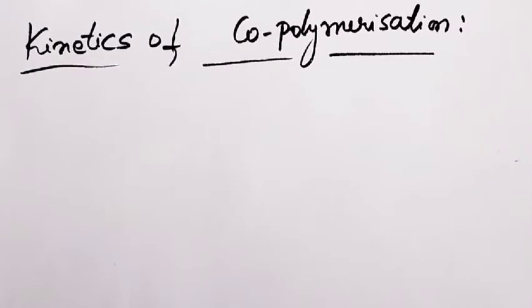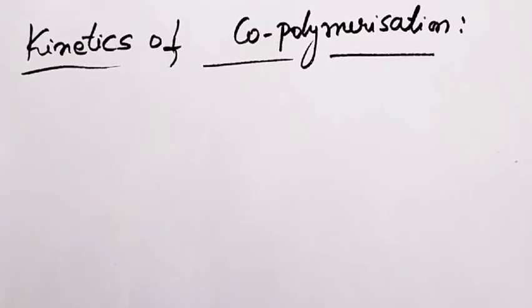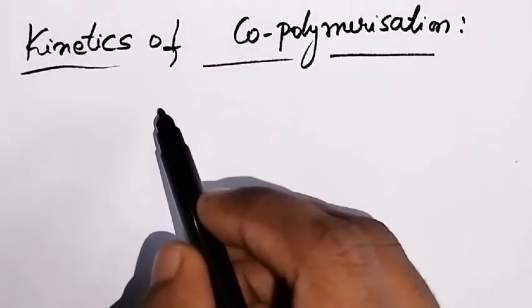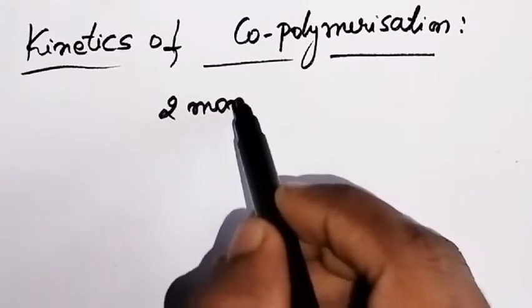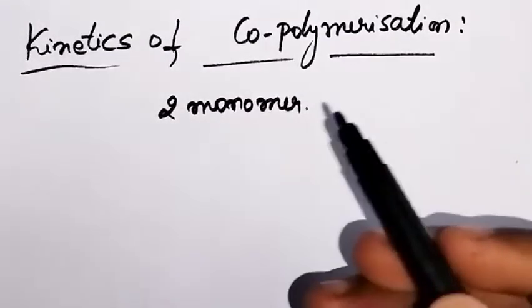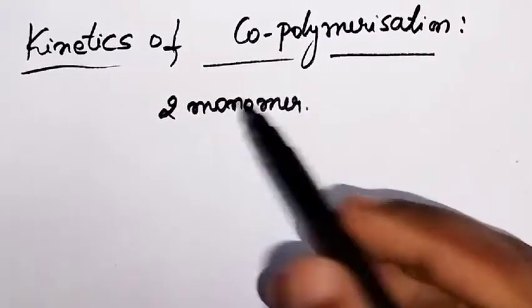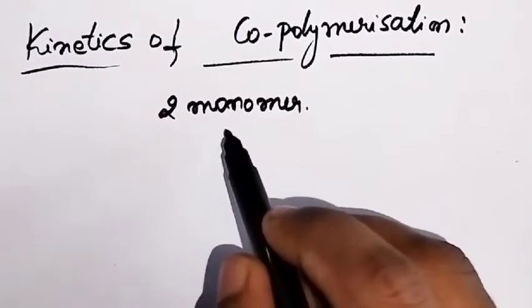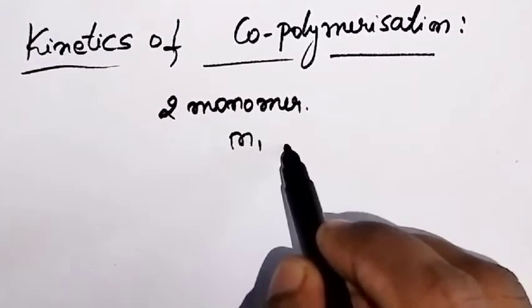In this video, we will study the kinetics of copolymerization technique. We know that copolymer, or copolymerization, means there must be at least two monomers, right? There must be the presence of two monomers. I call the monomers M1 and M2.